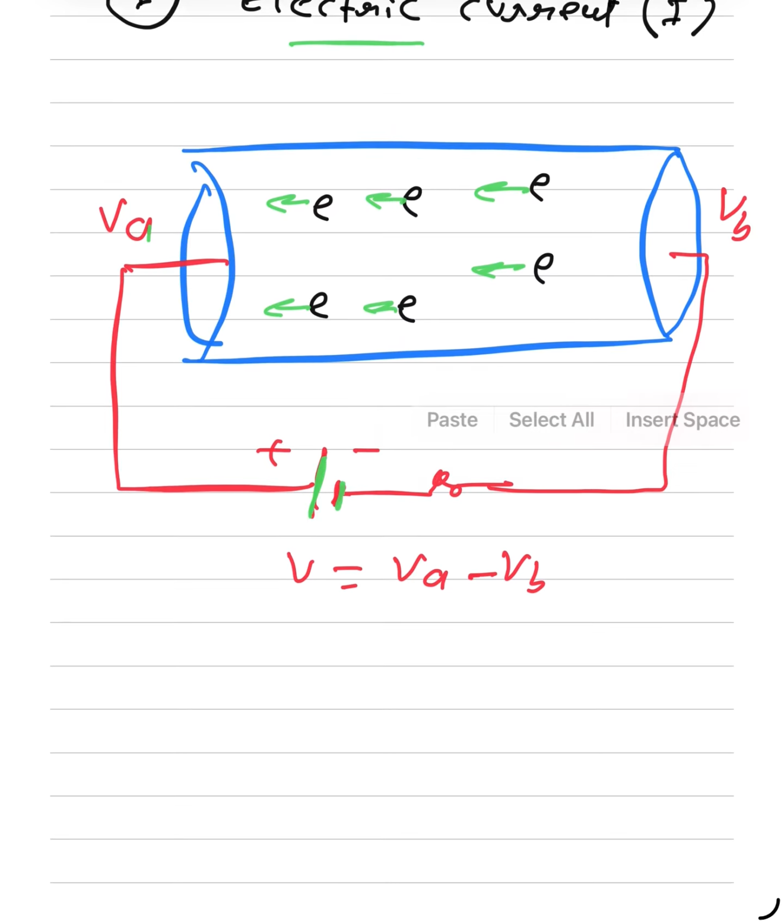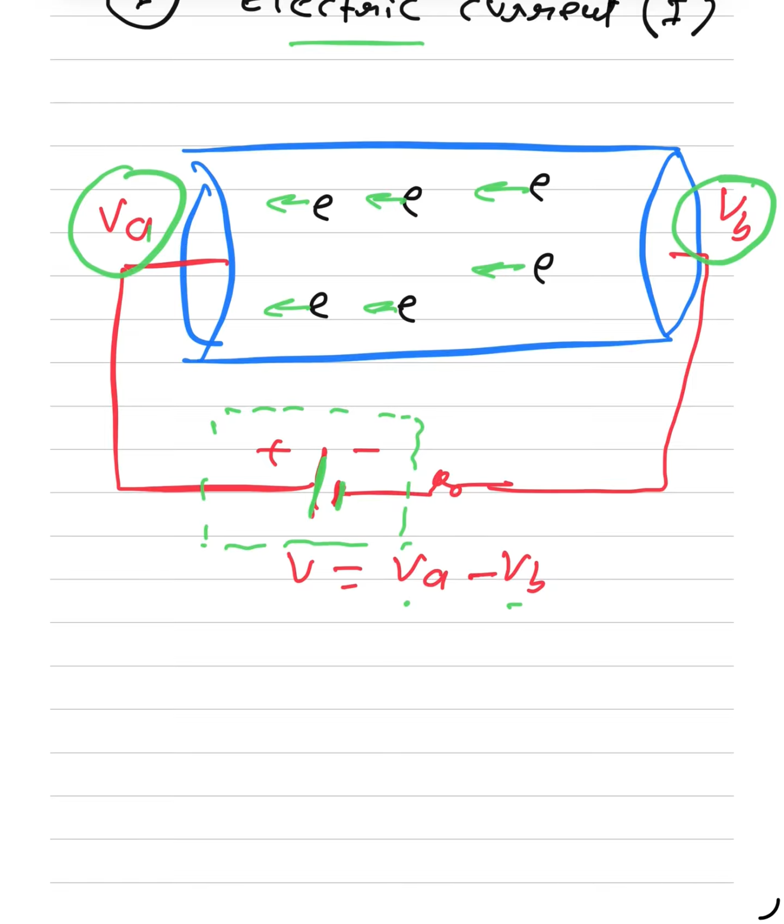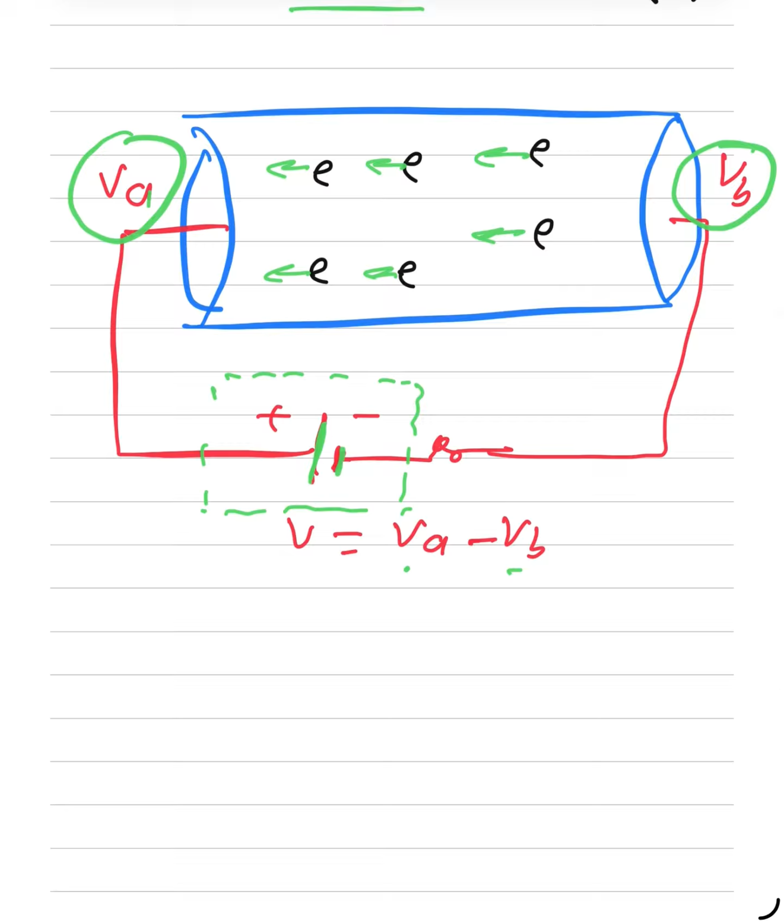The battery maintains the potential difference between both ends of the conductor, higher potential minus lower potential. According to the given diagram, electrons always flow from lower potential to higher potential, like this.